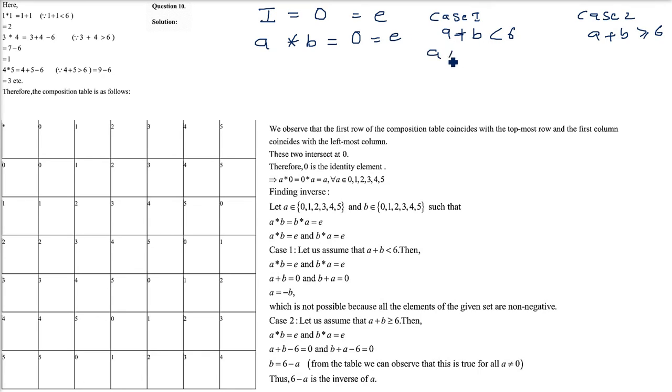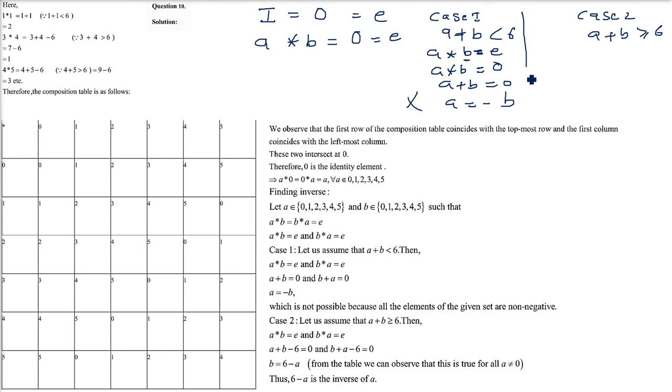It means a star b is equal to e. A star b is a plus b, and this has to be equal to 0. A star b is given as a plus b when it is less than 6, in the question. So a is equal to negative b. But in the question there is no negative, the set is also not negative. So this is not possible.